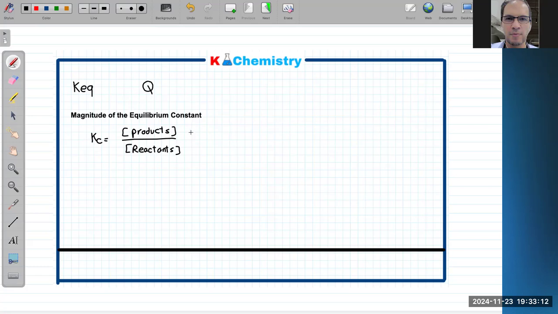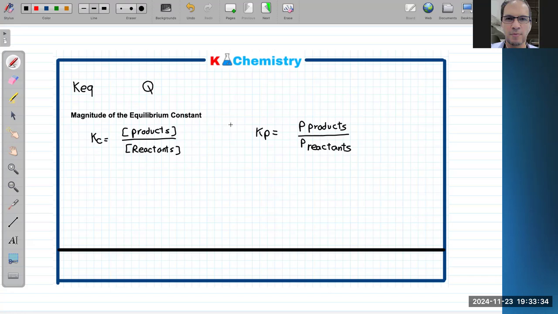This is valid for solutions or gases, any of them. And Kp is valid only for gases, and we will be talking about the pressure of the products divided by the pressure of the reactants. Again, every one of them is raised to the power of its coefficient.